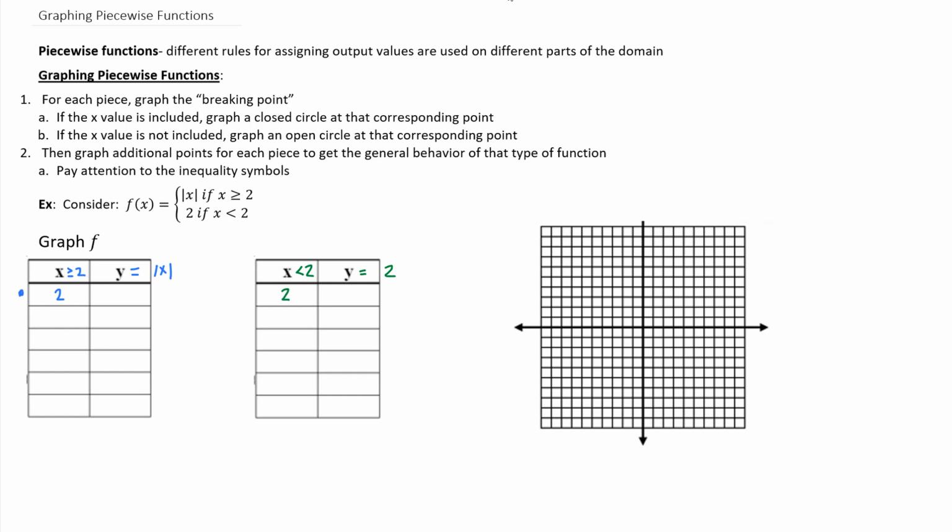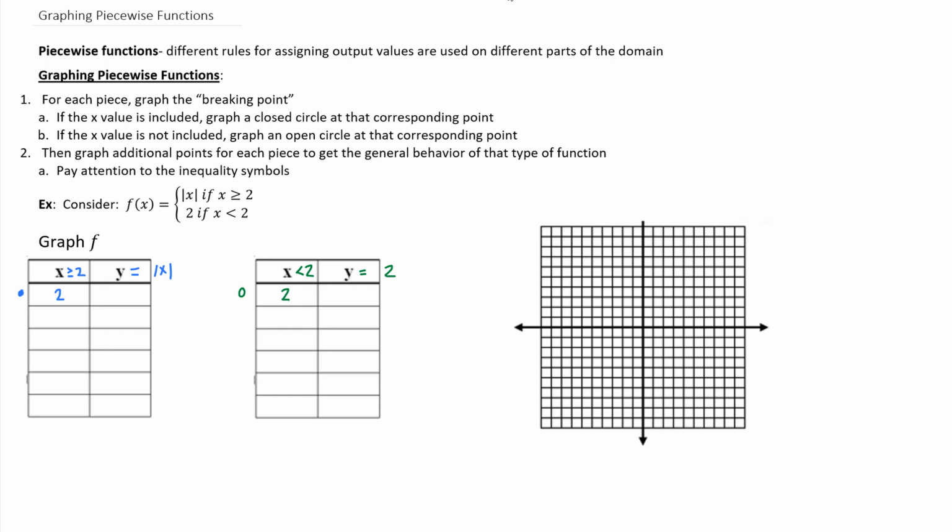So I put a little closed circle to let me know that I'm going to actually have a point physically at x equals 2 for that first piece. But for my second piece, you can't actually be equal to 2. You can be less than 2. And so I'm going to put a little open circle to signify that we're not actually defined there for the second piece.